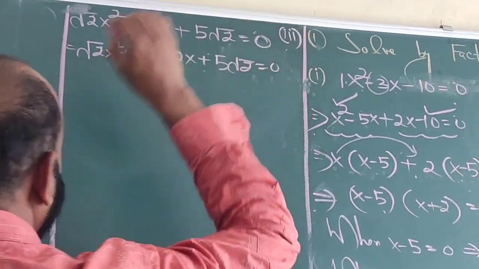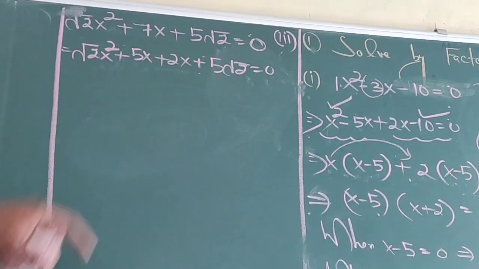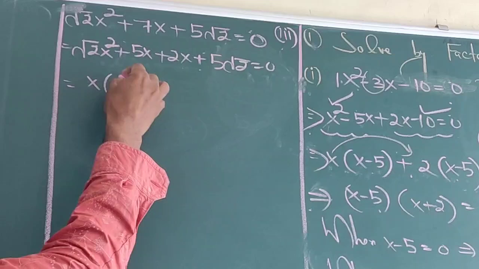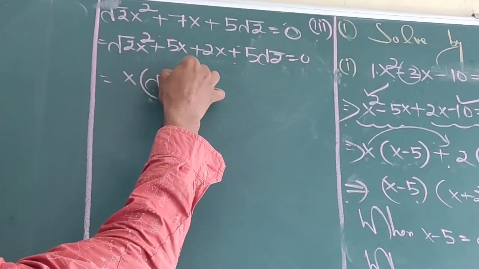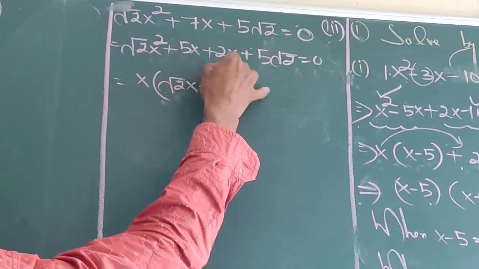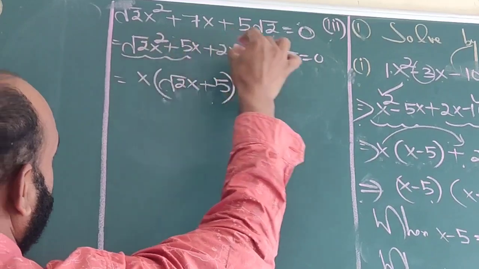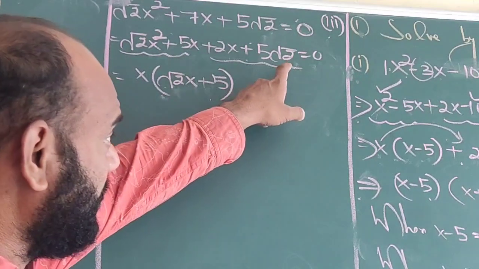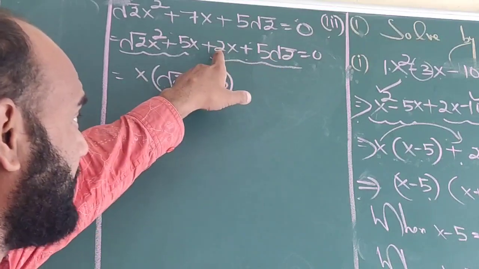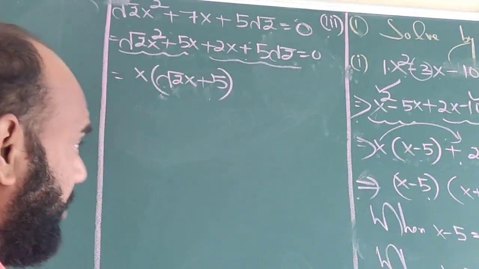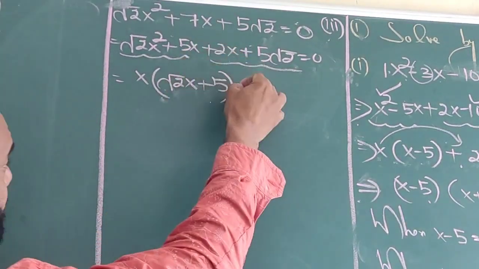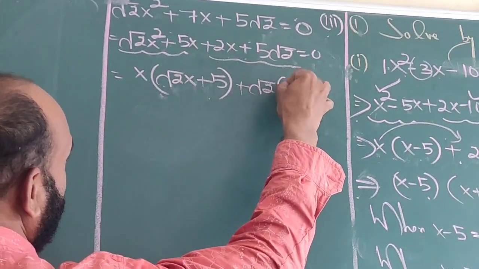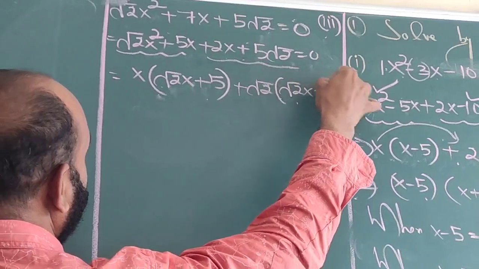Now we see in the first two terms, the common term is x. So it will be x times root 2 x plus 5. And in the last two terms, we see the common term is root 2, because 2 can be written as root 2 multiplied by root 2. So we take common root 2 and here root 2 x plus 5.